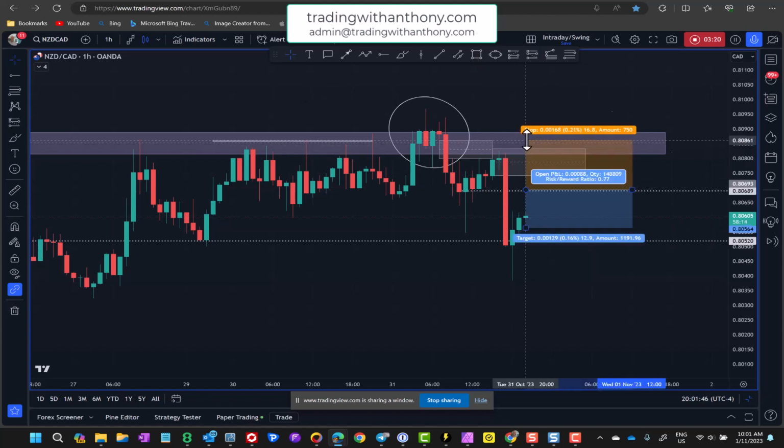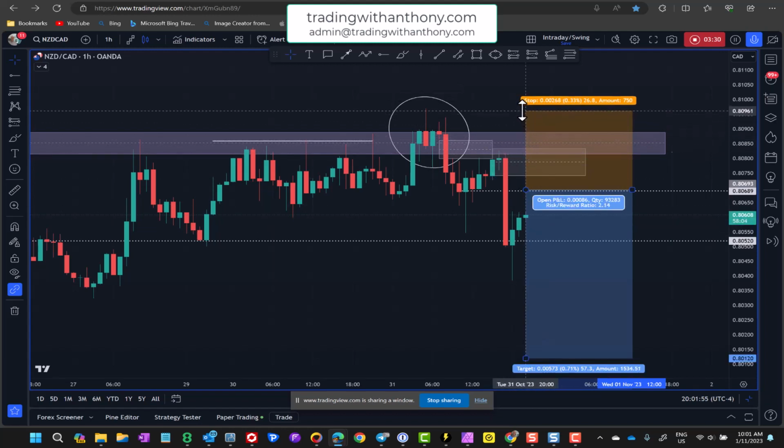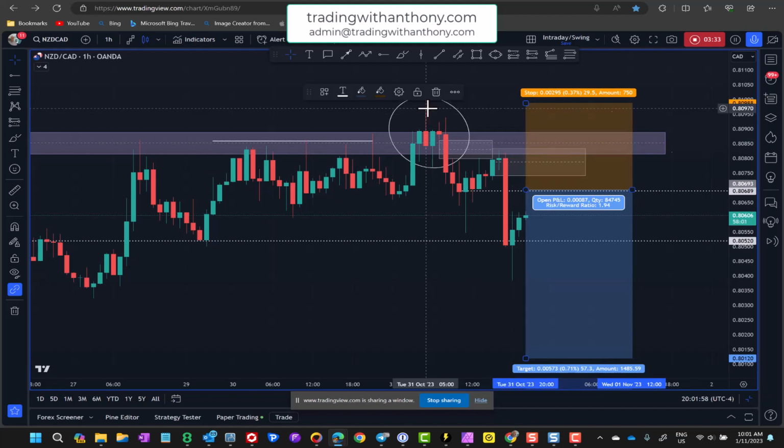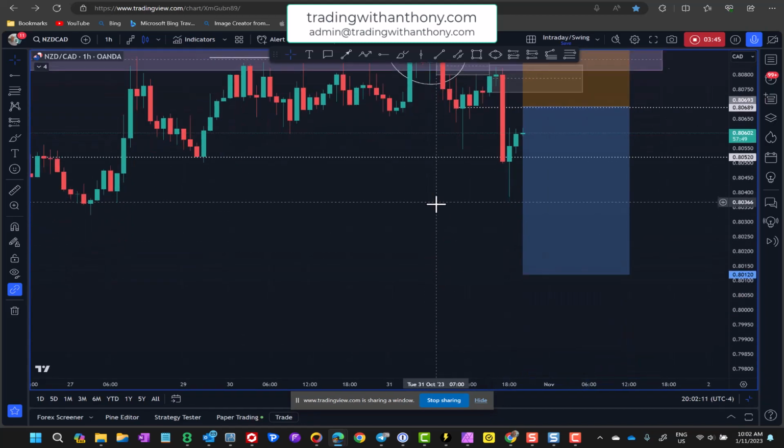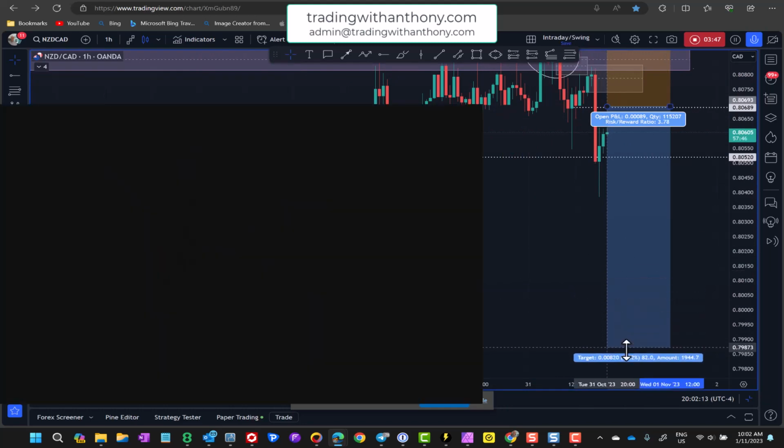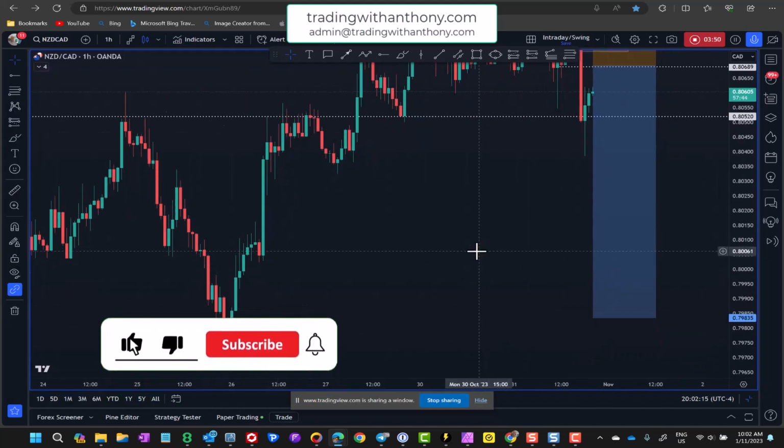Stop, well, there's two schools of thought. One, you could go above the recent high, and if you're a little bit conservative or a bit worried, you feel more comfortable to give it a bit more room to breathe. Same risk, keep your position size the same, go above this previous high then. That's one idea, and we've got a target potentially down around here.